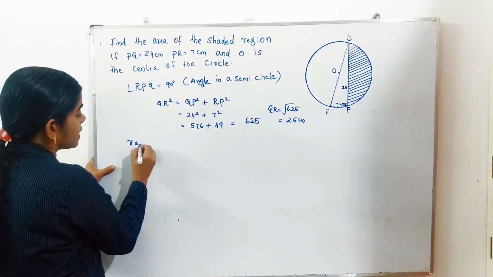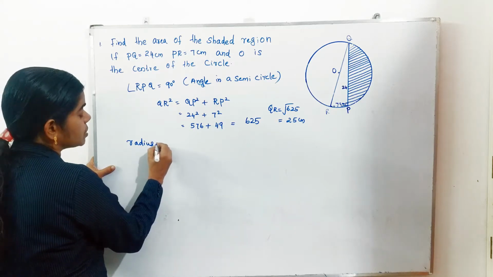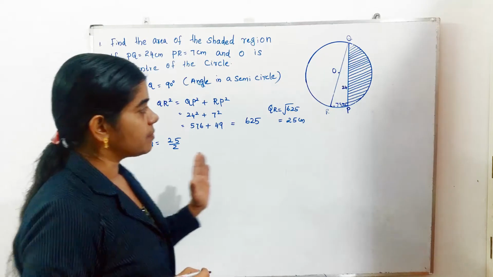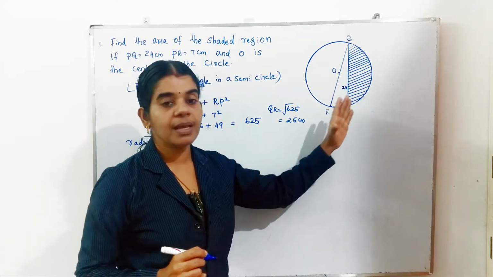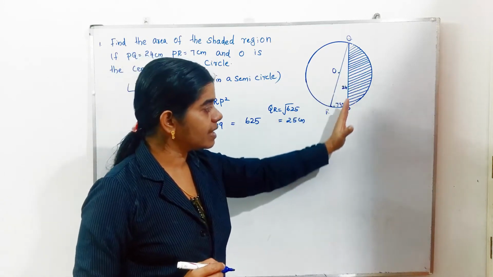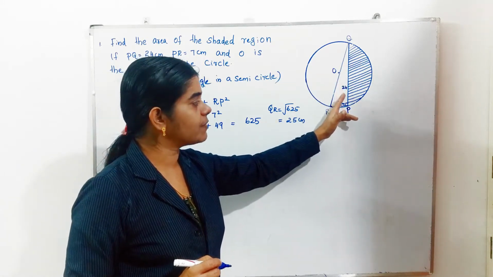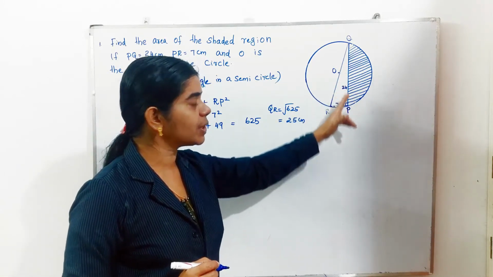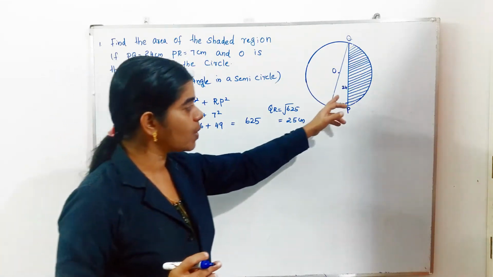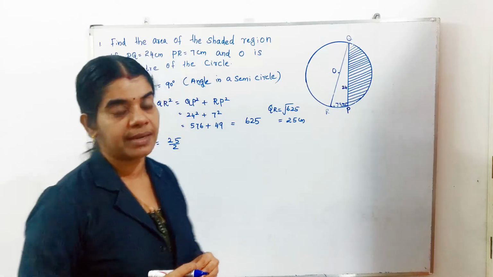So radius is equal to 25 by 2. Next we will find the area of the semicircle. Then we will find the area of the triangle QRP. Then semicircle minus area of the triangle QRP, you will get the area of the shaded region.